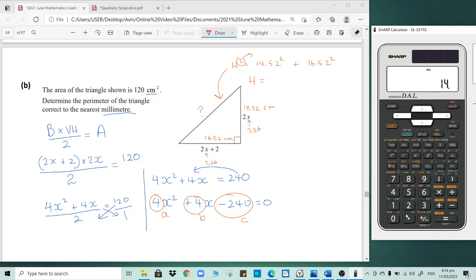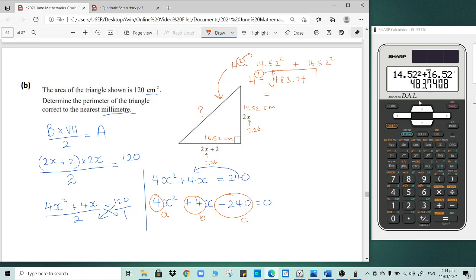So we have 14.52 squared plus 16.52 squared. Press equal. So hypotenuse squared is equal to around 483.74. To get the hypotenuse, we need to square root that answer.